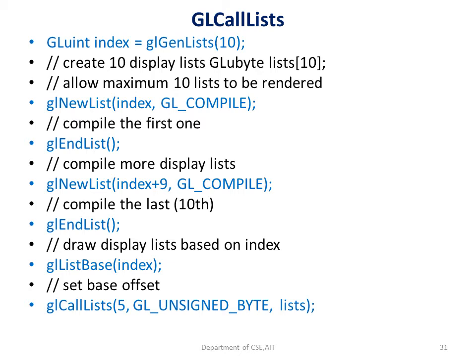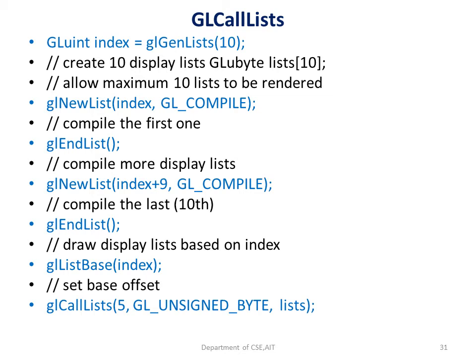When I am using glGenLists with the value 10, that means I am creating 10 display lists. Each of them will have an index, and we can make use of this index for any other processing. Suppose I have glNewList with the index comma GL_COMPILE. That means I am compiling a display list with the index value given by index, and this should always be enclosed between glNewList and glEndList.